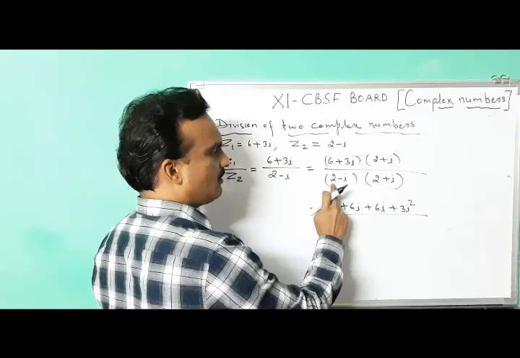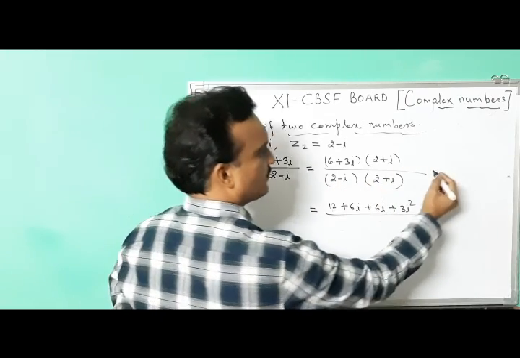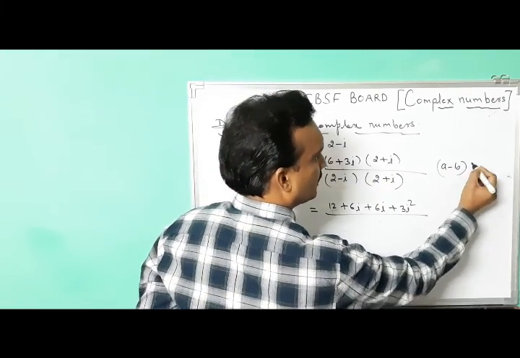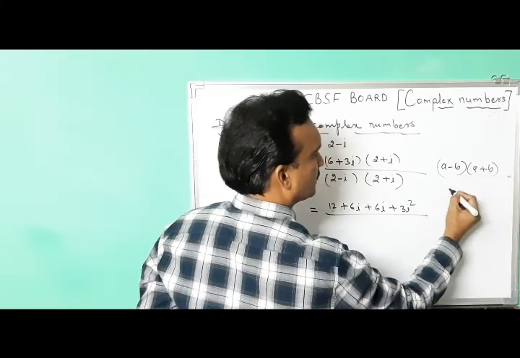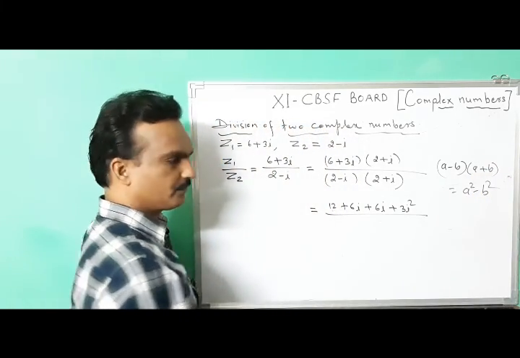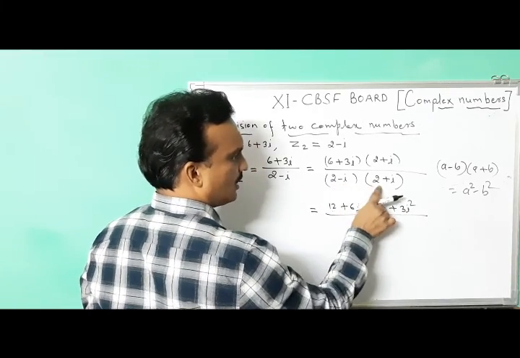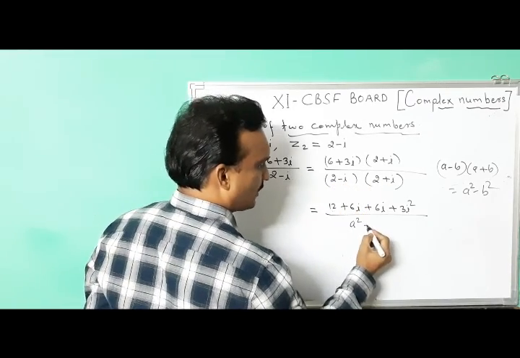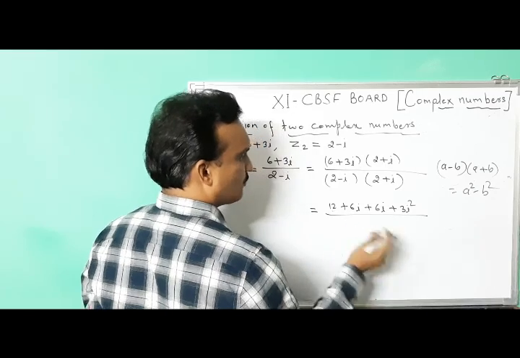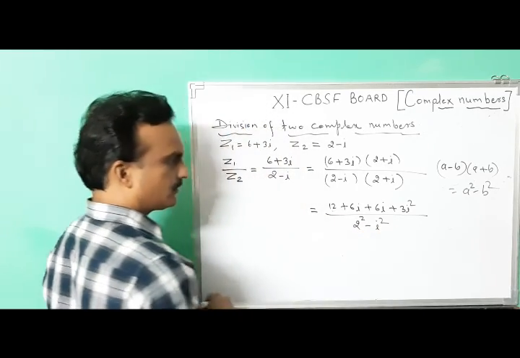So this is like a minus b and a plus b. You know the formula: a minus b, a plus b is equal to a square minus b square. Right? So similarly here also, that means 2 square minus i square.